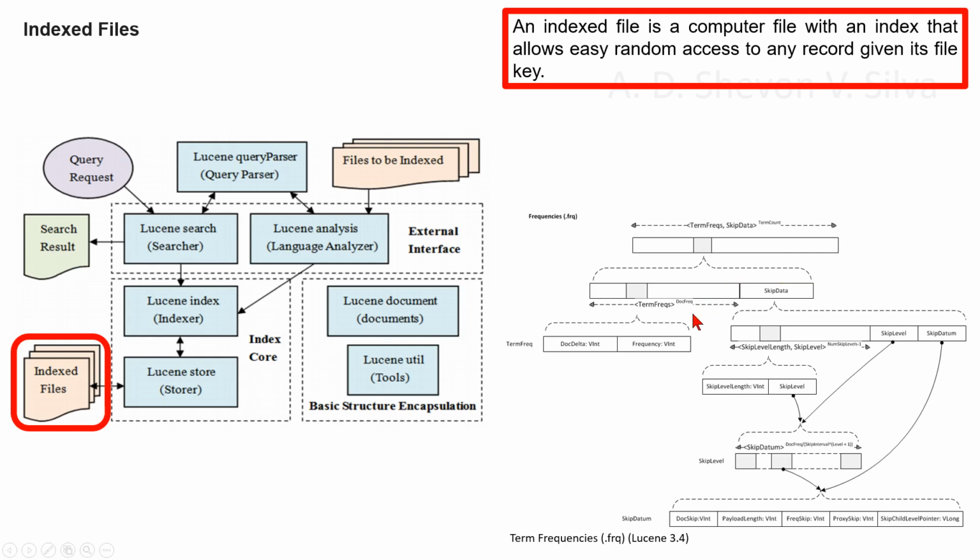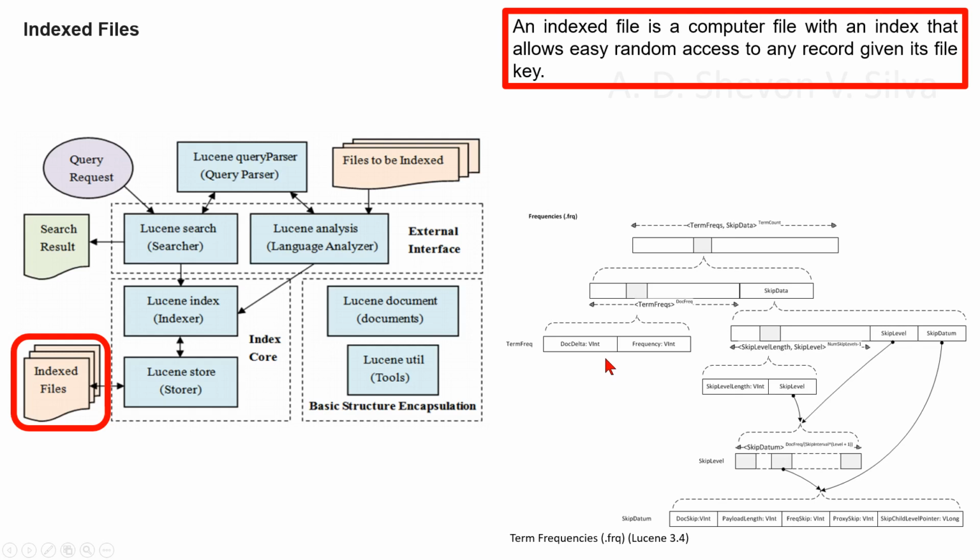Each posting list consists of term frequencies and a skip list. Term frequencies consist of a list of doc deltas and the number of times this term occurs in that doc. The doc delta encodes both the document number and the frequency.